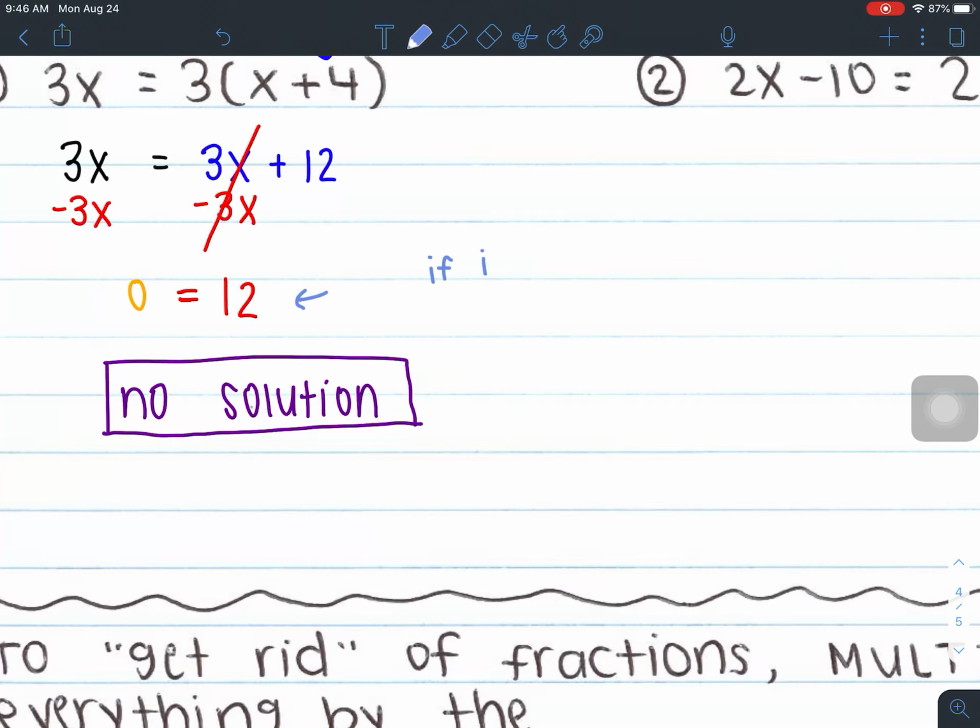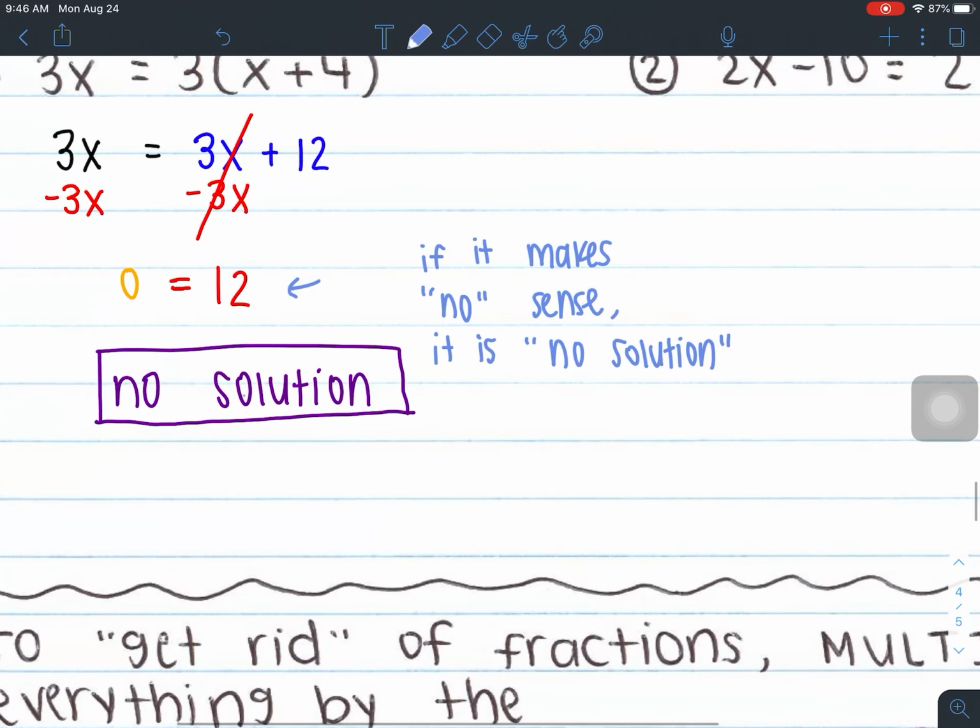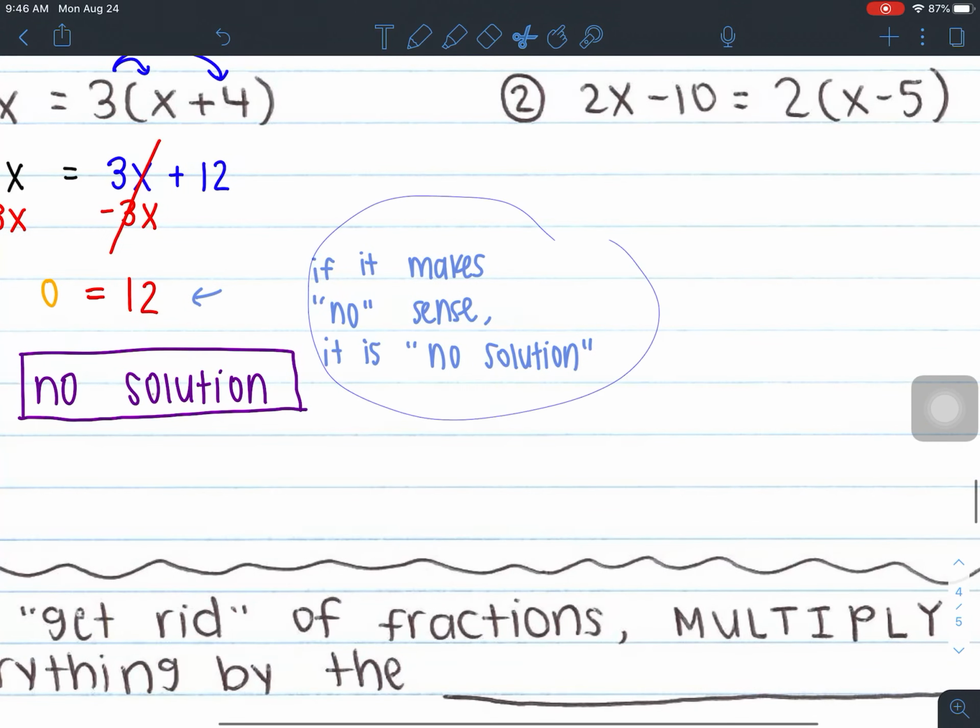It's not possible. If it makes no sense, it is no solution, okay? That's how you can remember that.